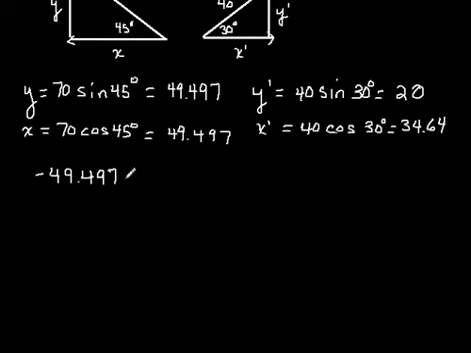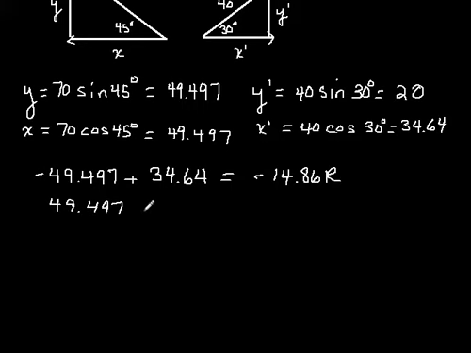49.497. And then this force is going to go to the right, so it's going to be positive, and it's going to be 34.64. So the total left-right force, if I add our two x values together, is going to be negative 14.86 right. Then we're just going to add our up forces. We don't have any down forces, so it's going to be 49.497. They're both going up, so they're both going to be positive.